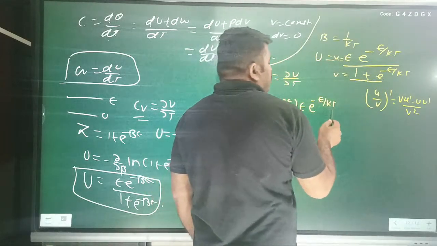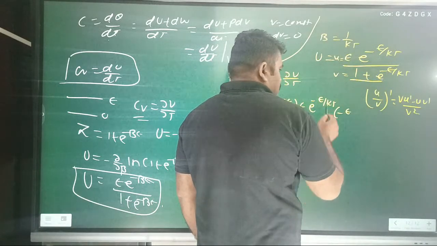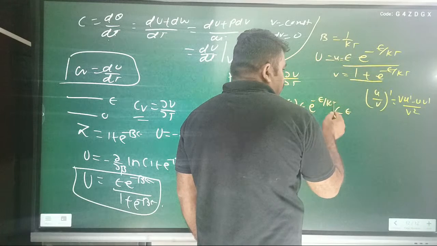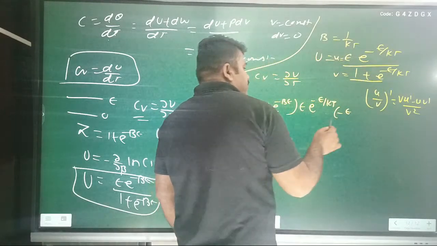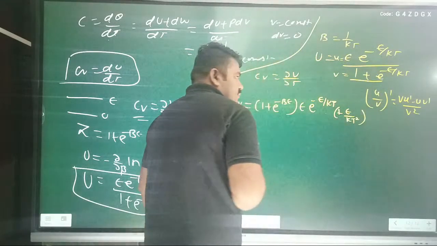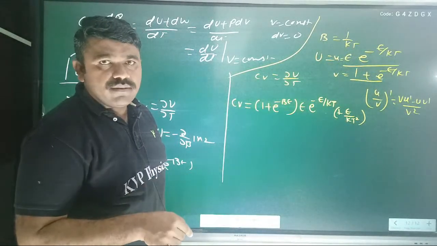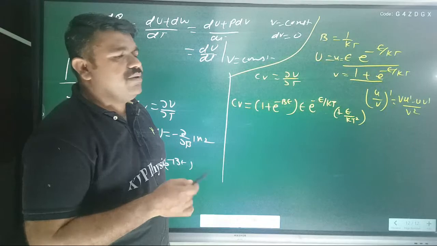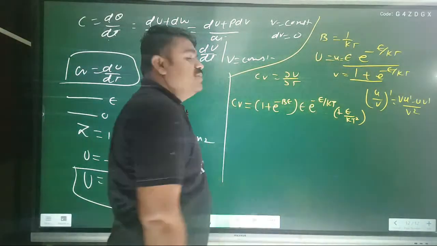Minus epsilon upon kT, derivative is minus 1 upon kT. This 1 upon T derivative is minus 1 upon T square, means this becomes plus kT square. Yes or no? 1 upon x derivative is minus 1 by x square. Similarly 1 upon T derivative is nothing but minus 1 upon T square. और ये बाहर वाला माइनस माइनस माइनस बिकम प्लस.